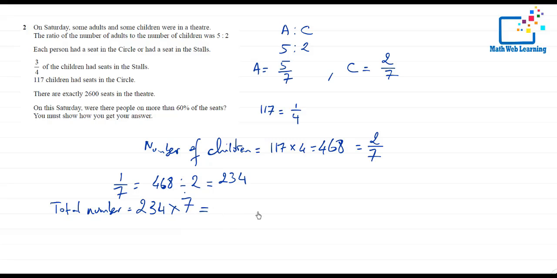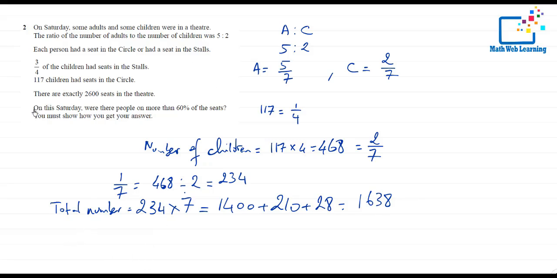It is a calculator exercise, but at the moment I don't have a calculator, so that is 1400 plus 210, 30 times 7, plus 28, that gives me 1638. That's the total number of children and adults.